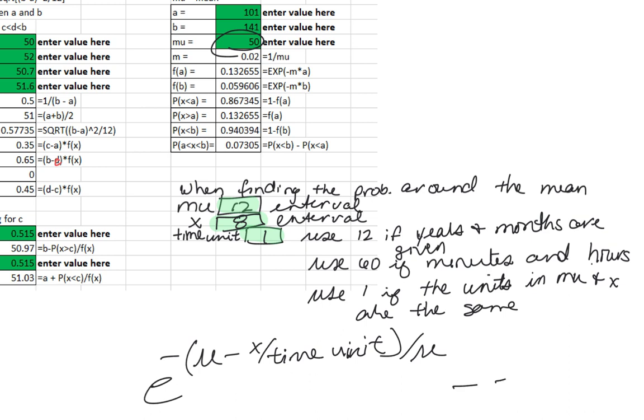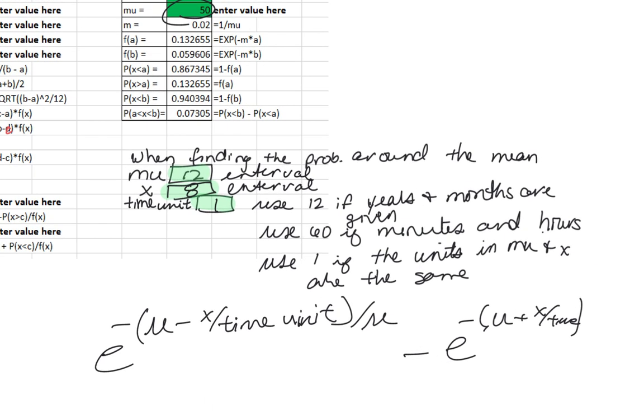Then I have a minus e raised to, and the only difference is mu plus the x divided by time unit, and then divided by mu. So I might do intermediate steps, so I might do here a negative mu minus x divided by time, and then divided by mu again, and then equals. So that's really messy. But I would do something like that.